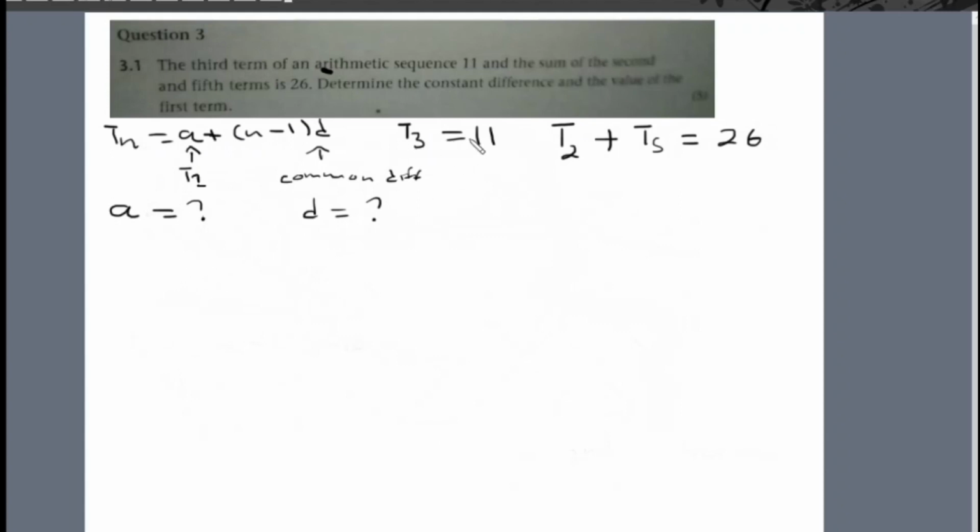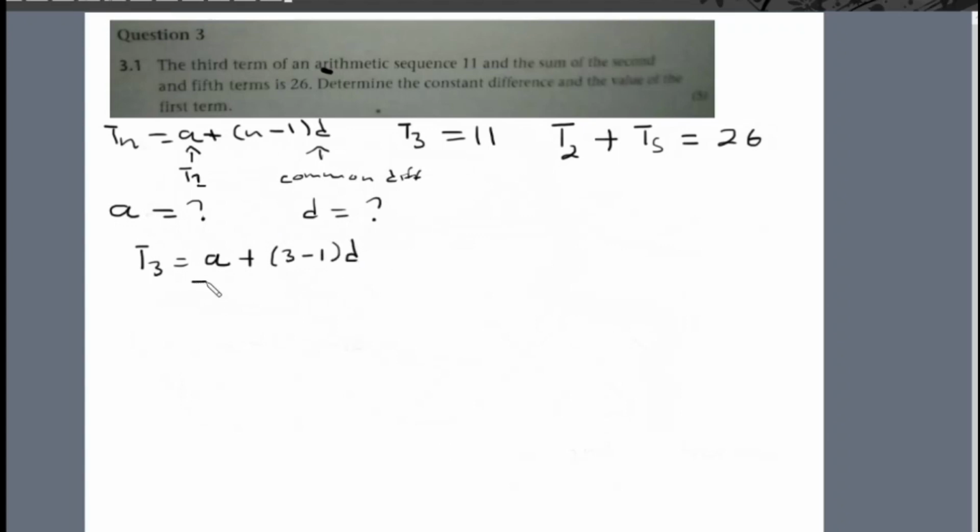So because T3 is equals to 11, masithi T3 in our general formula, in the formula of the general term, we substitute u3 wherever we see n and get a plus, where we see n we put 3 minus 1 times d, right?